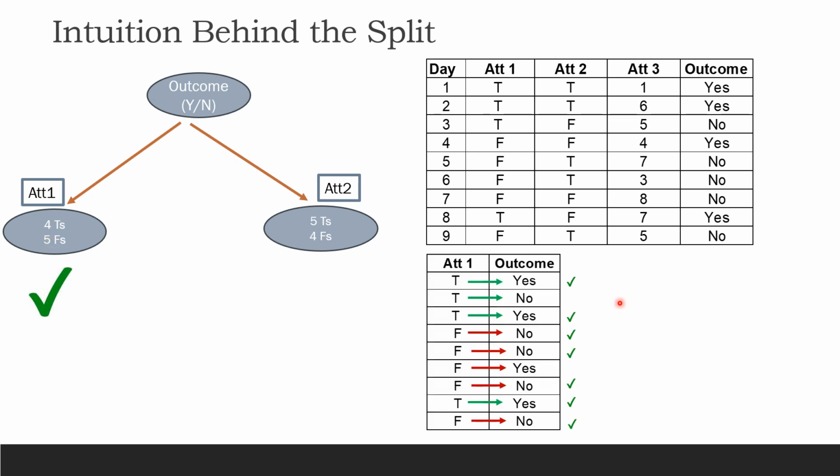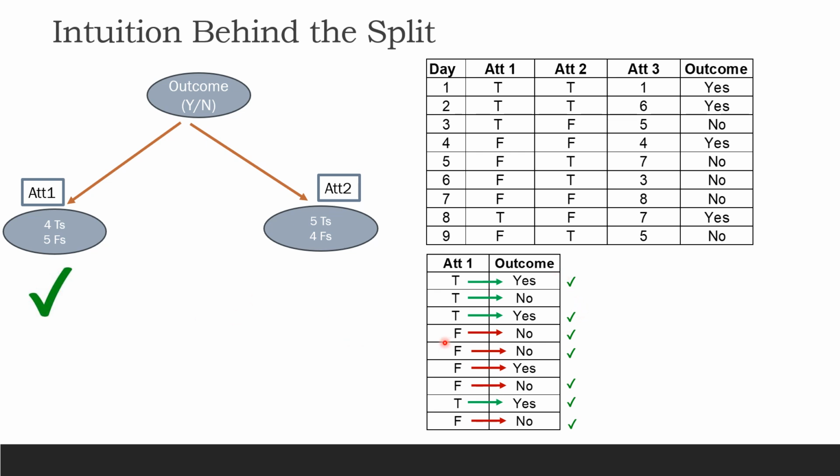We see that intuitively here. This is a very basic intuition that we can get, that there are four trues in attribute one, and we have four outcomes of yeses in the target variable. So these four trues are leading us to the right decision.